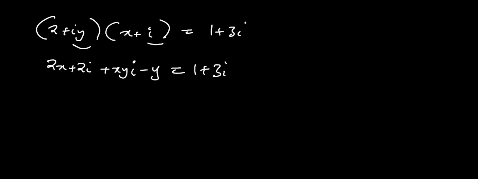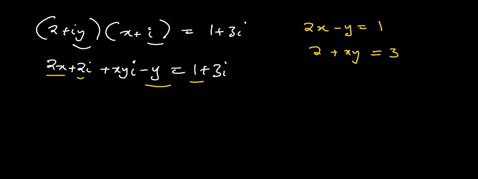Yes. So now when we reach here, we're going to equate the real parts and the imaginary parts as well. So the real part, we have 2x, things without i, so that's going to be this, is equal to 1. Then things with i, but don't get the i, just get the things, like a 2 there, then there is xy, then there is equal to a 3.